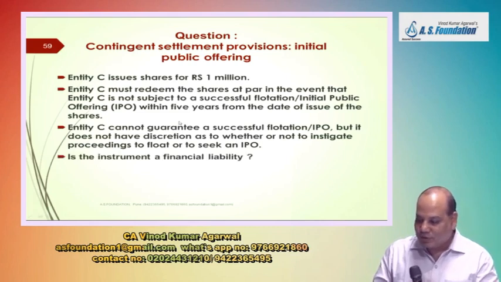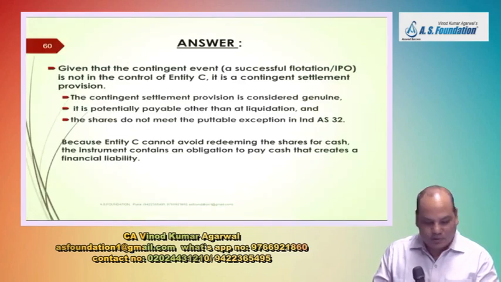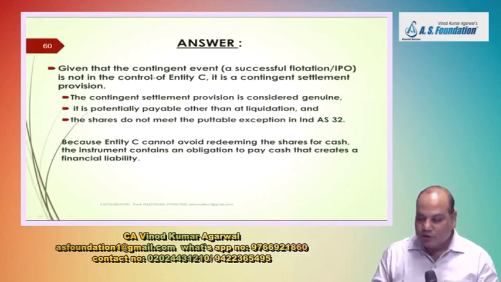So the answer is, I think, printed in your notes. We'll just read from there. Given that the contingent event, successful flotation or IPO, is not in the control of the entity, it is a contingent settlement provision. A contingent settlement provision is considered genuine.